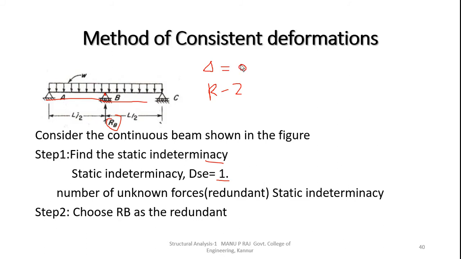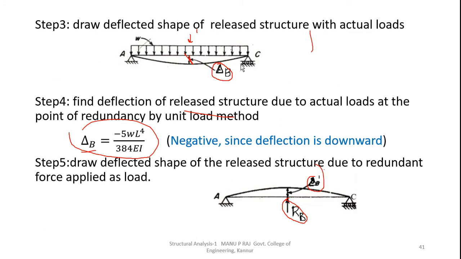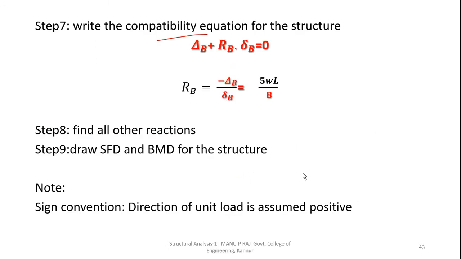So this downward capital delta B should be equal to this upward delta B dash, or the algebraic sum of these two will be equal to 0. That is, capital delta B plus delta B dash will be equal to 0. From this relation you will get the value of RB.